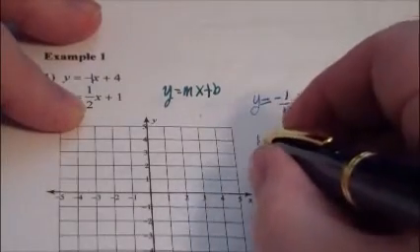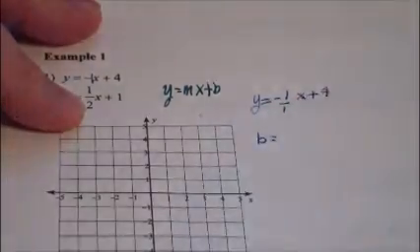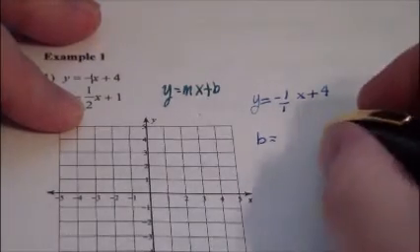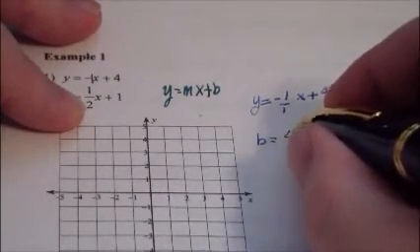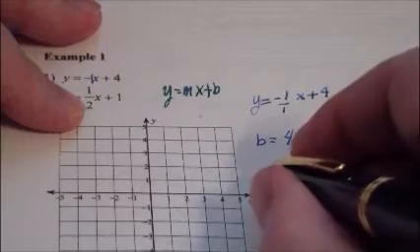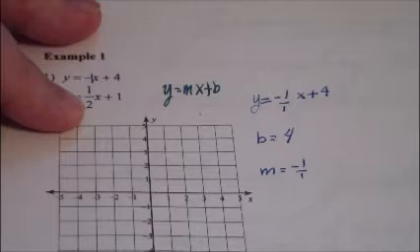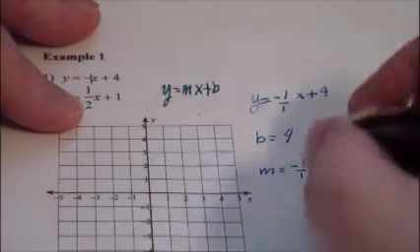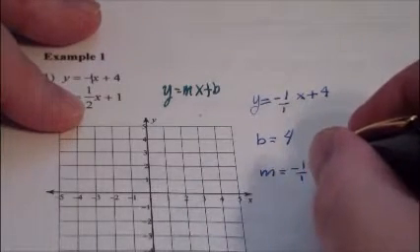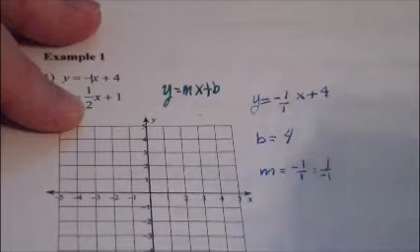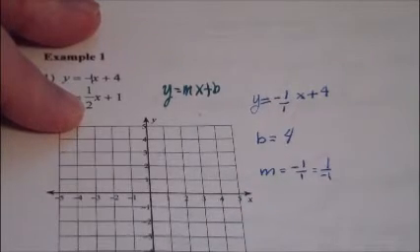Okay, we need to identify the y-intercept, our b. Well, in this case, b is equal to 4. We need to identify our slope, negative 1/1. And recall, since there's one negative sign, that could either be in the top or the bottom.